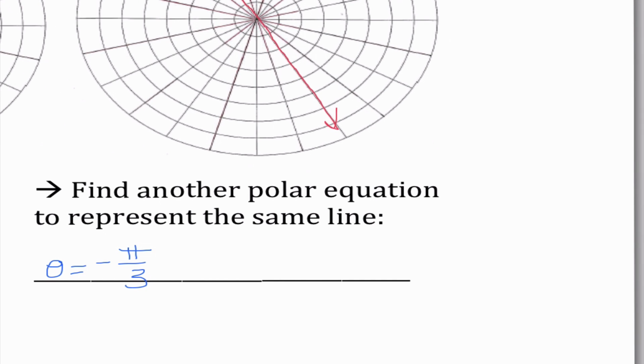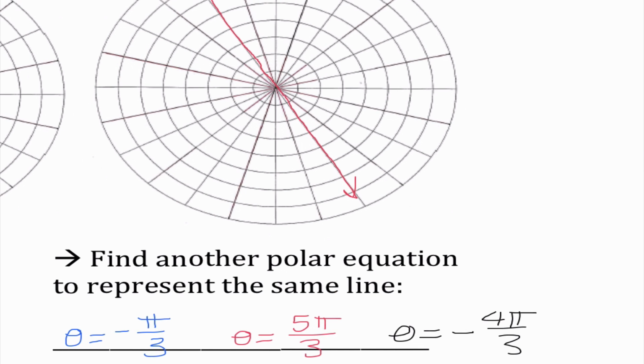I also said it was like 300 degrees, which would be 5 pi over 3. It also could have been equal to negative 4 pi over 3, because that would take us back up to this angle right here. So once again, there's lots of ways that we can name angles in polar. So just a little glimpse of that for you guys.